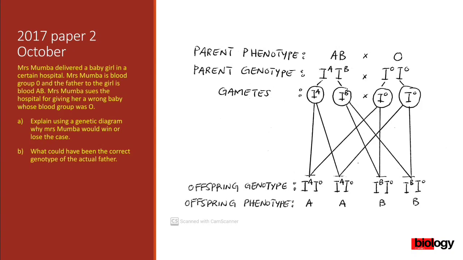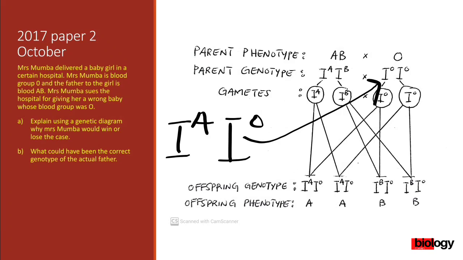So what am I saying? If the father was blood group A heterozygous, there is an allele which is for O. This allele can cross with one of these alleles, and we can have an offspring that has got blood group O, because this allele plus this allele will form blood group O.